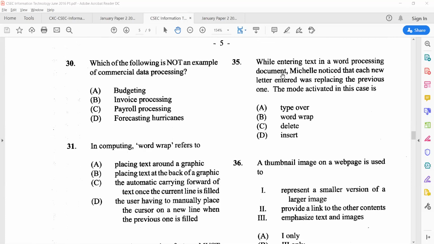While entering text in a word processing document, Michelle noticed that each new letter entered is replacing the previous one. The mode activated in this case is what? You have type over, word wrap, delete, or insert.